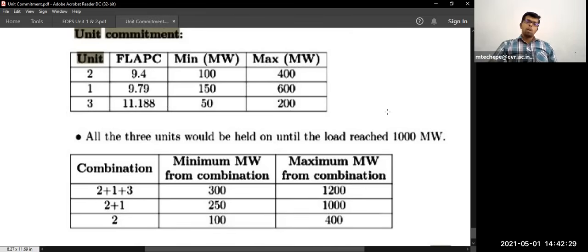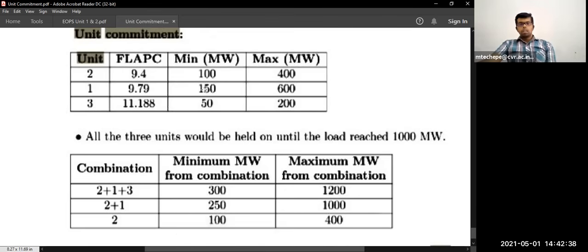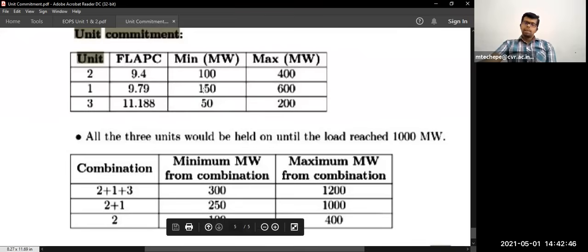Next, 2 plus 1 is 250. Whatever combination you go for, 150 plus 100, that is 250, it is satisfying. Even 150 plus 50, that is 200, is within the limit, and 100 plus 50, that is 150, is also within the limit.